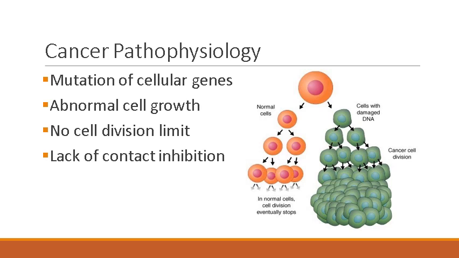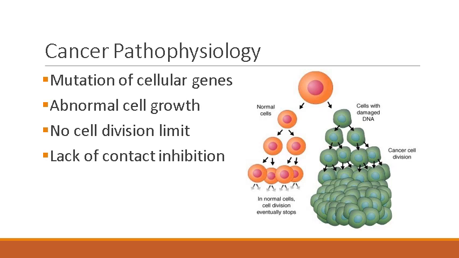These cells also have abnormal cell growth. So these cells divide much more rapidly. Normal cells are going to divide about 50 to 60 times before the cells themselves die, but cancer cells are going to keep dividing until either their host dies, so the individual that has the cancer dies, or the cancer cells are killed by radiation or chemotherapy or some sort of intervention.